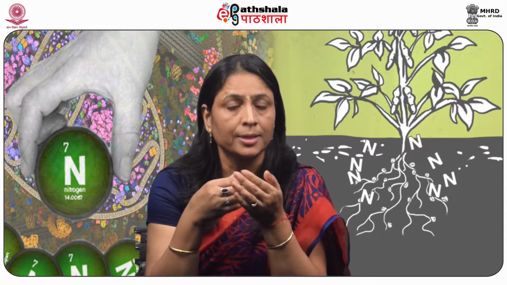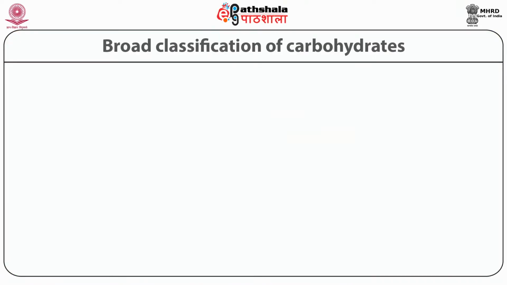Basically, they are hydrates of carbon comprising multiple hydroxyl groups with one aldehyde or ketone as the functional group. Naturally, they are present in sugars, starches, gums, celluloses and amino sugars, etc.